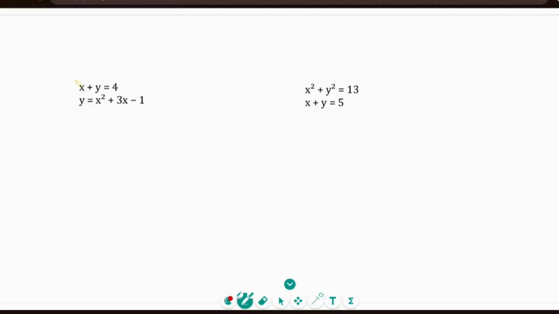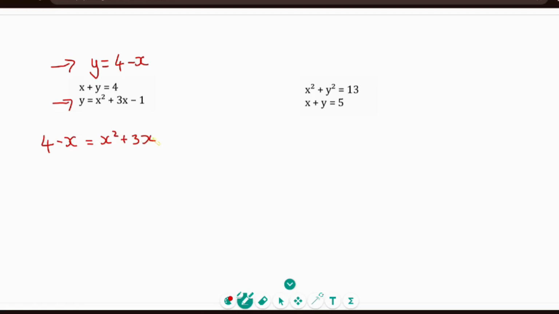Not quite the case here, but what we could do with this first one is make y the subject by taking x off both sides. Then we have y equals, so we can put them equal to each other, and we have an equation all in x.